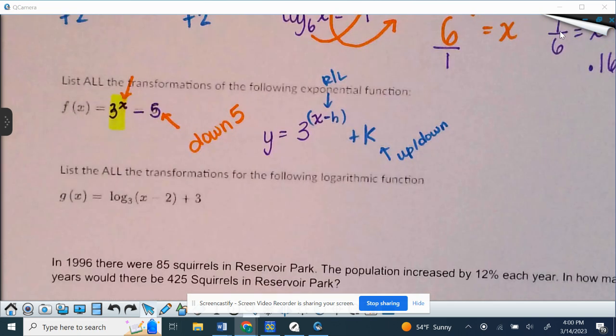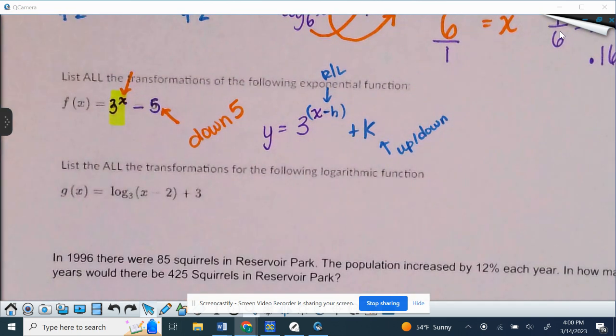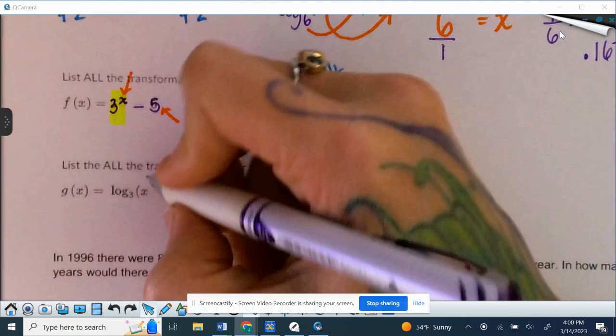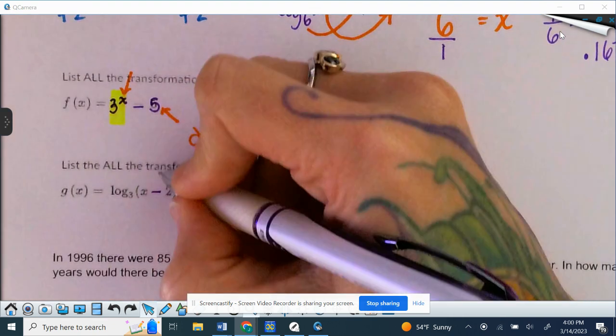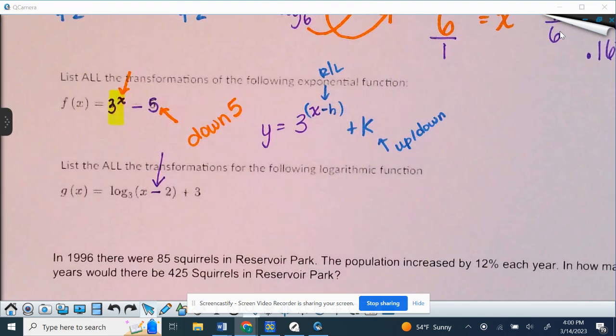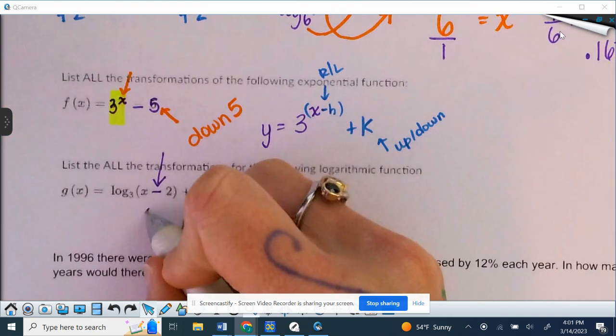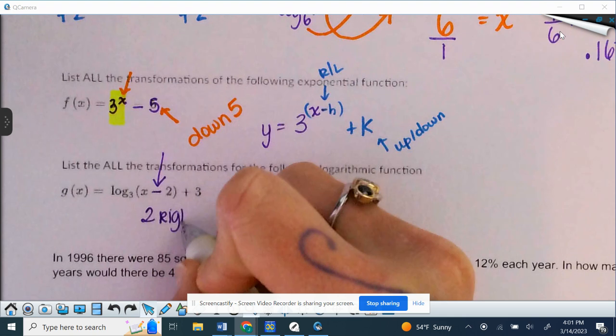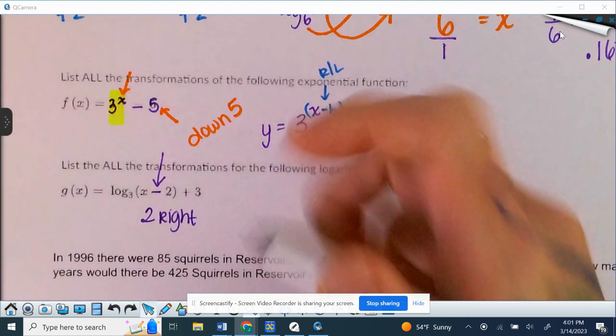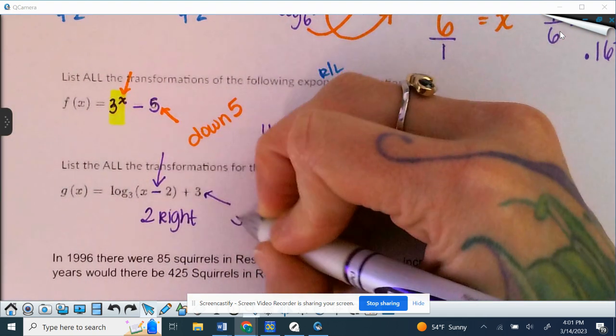Transformations for the logarithmic. Again, x is the left and right axis on your graph. So log base 3 of x minus 2. This is whether it's sliding right or left. Remember, it's an x minus h. So we put a positive 2 in there because it's still an x minus. So that means it's going to go 2 to the right. And that's going to be plus k. So that's going to go up 3.